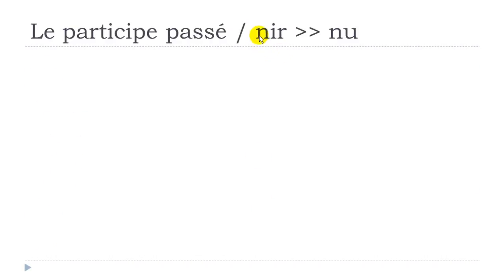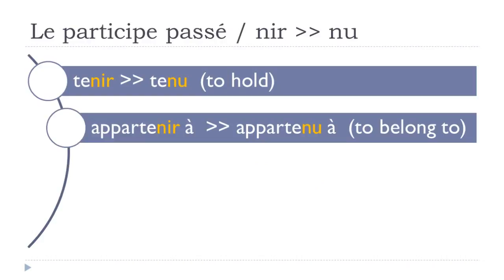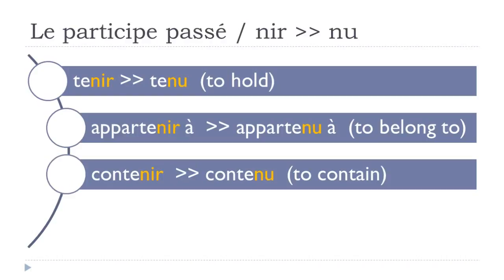Now a new group, verbs ending with NIR, and it will become NU, okay? Tenir, tenu. Appartenir à, appartenu à. Contenir, contenu.